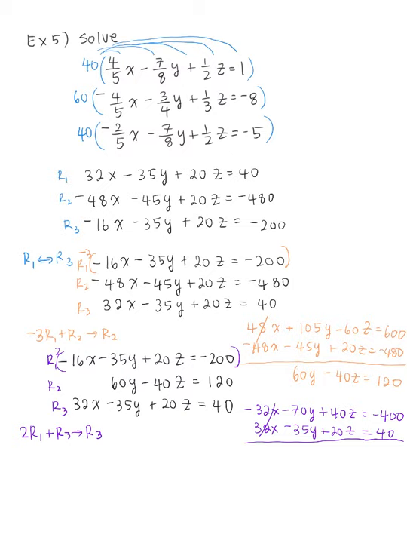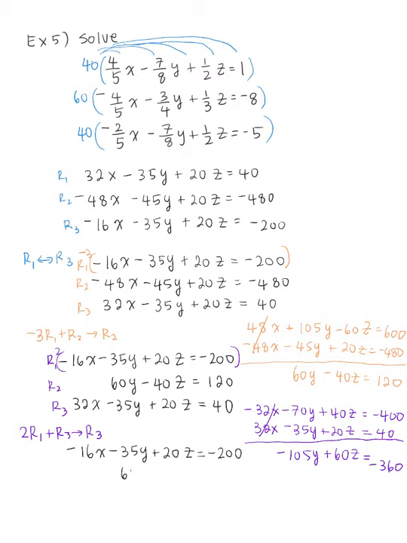All right, let's add them together. So this is going to cancel out. Now, what do we get? Negative 105y and then plus 60z equals negative 360. All right, that's going to become our new row 3. So let me rewrite. Negative 16x minus 35y plus 20z equals negative 200.